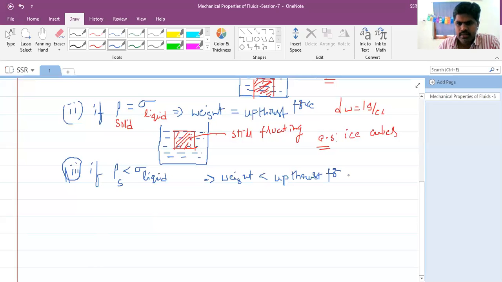In such a situation, the solid body will be slightly immersed, or sometimes completely float.